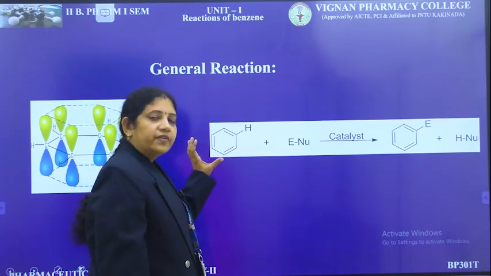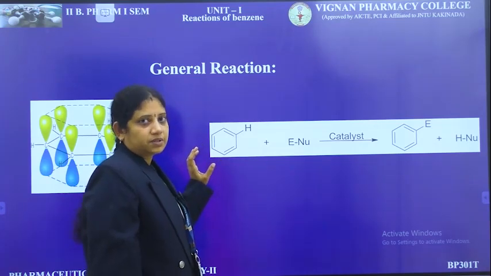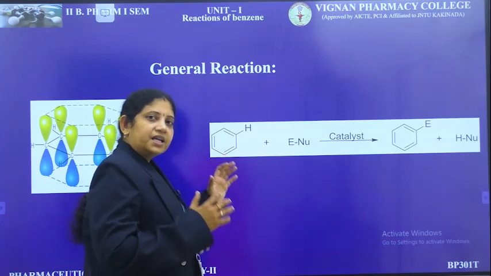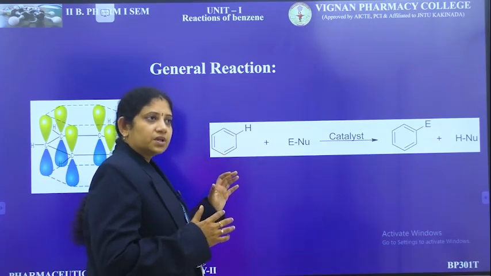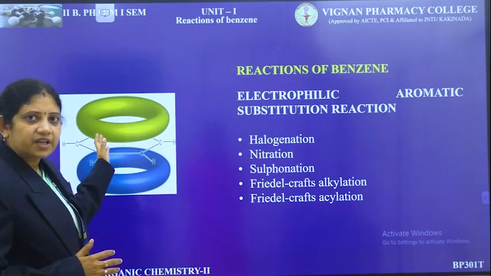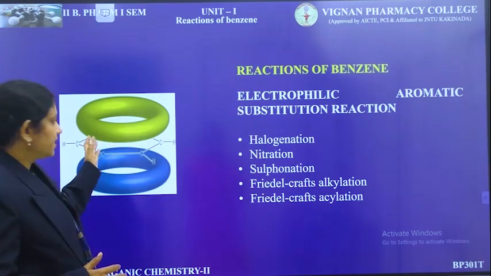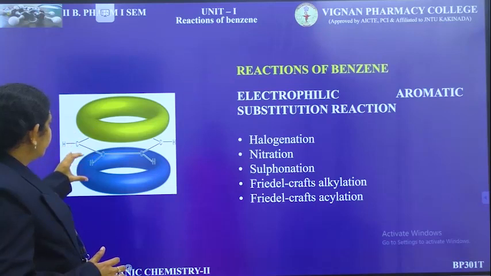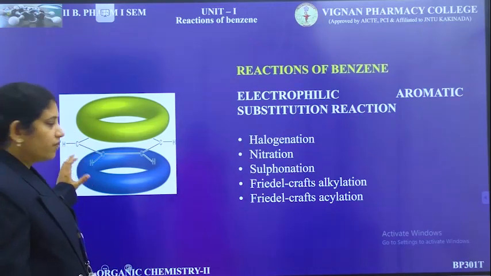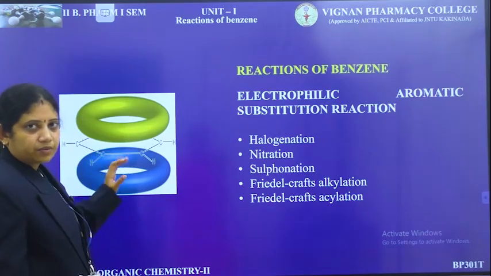Because there is an availability of a large number of pi electrons. These pi electrons form a pi cloud, with half of the pi moiety present above the plane of the molecule and half present below the plane of the molecule.